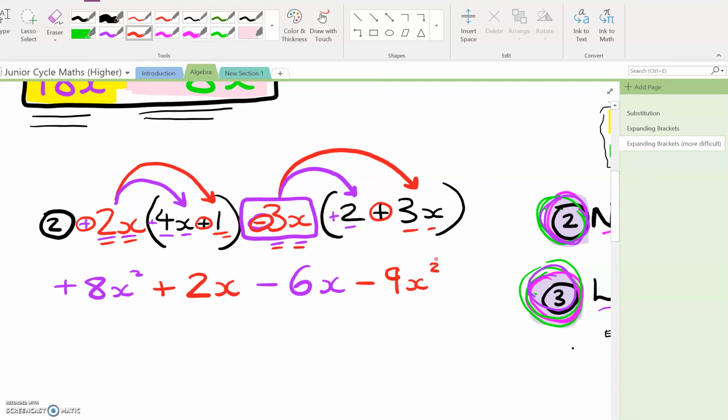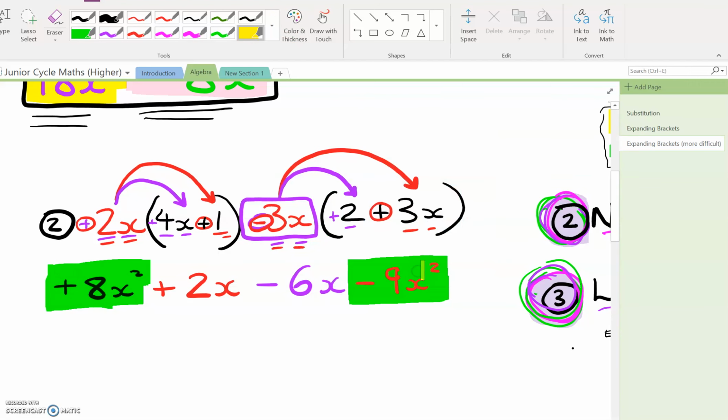I always make sure to highlight the sign that's in front as well. That's always useful. Okay, let's get a different color highlighter now and see if we can find other like terms. We have an x here and we have x's here. So these two terms are alike. So I can highlight that one, and I can highlight this one. And see the way I highlight the sign that's in front as well?